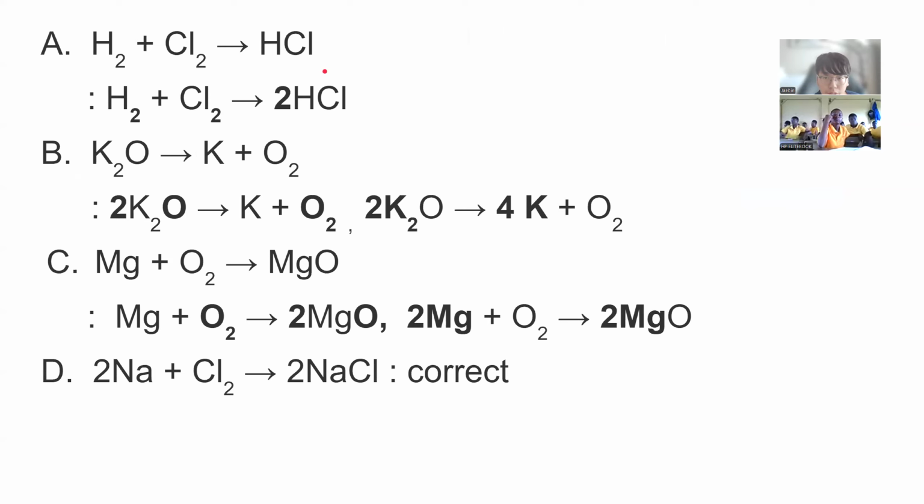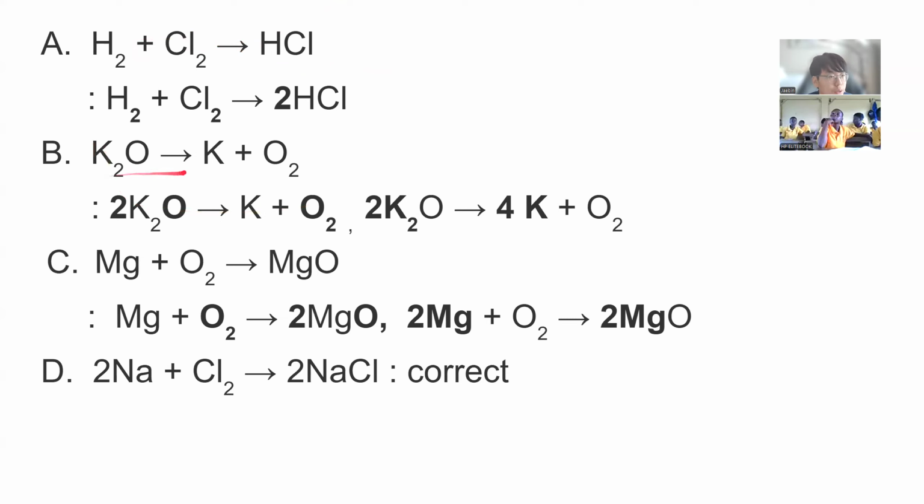This is not correct because we have 2 hydrogen atoms and 2 chlorine atoms on the left side, but only 1 hydrogen and 1 chlorine atom on the right side. We actually need to multiply by 2 to make it balanced, but A is not balanced because it does not have the 2.